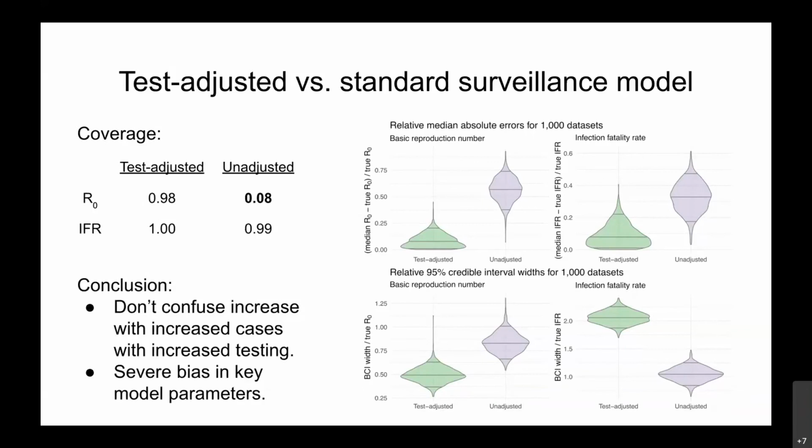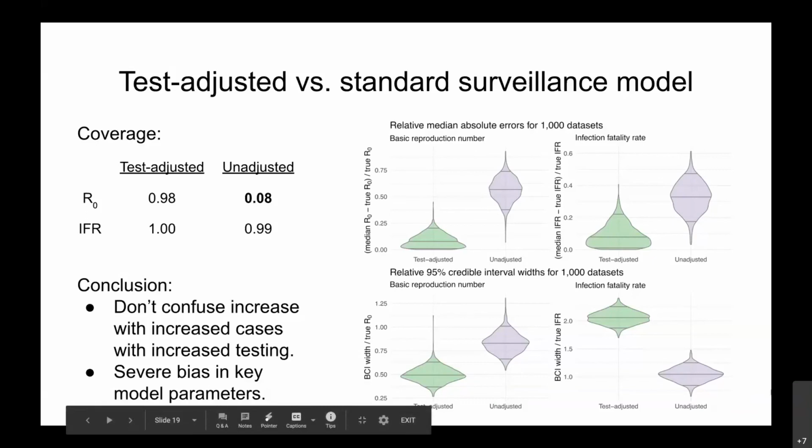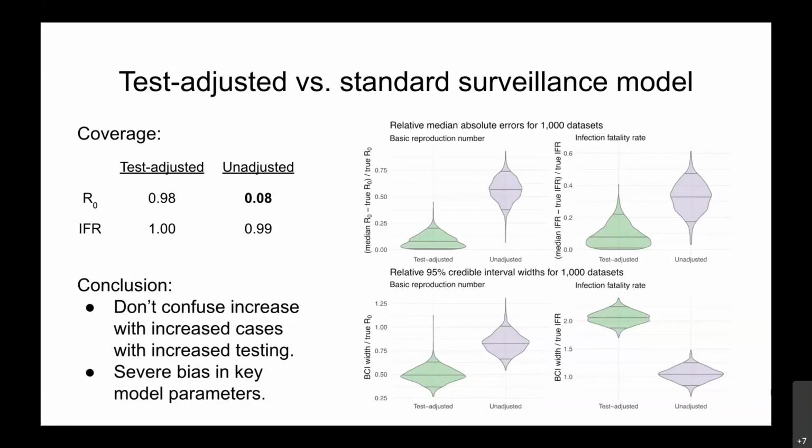So coverage for the basic reproduction number when you don't account for testing in this simulation was like 8%, which is just awful. We were a little overly conservative in our coverage, but I mean, you're just going to get it wrong if you don't account for testing. That's the bottom line.